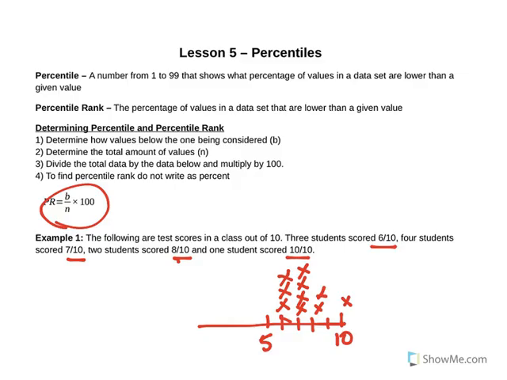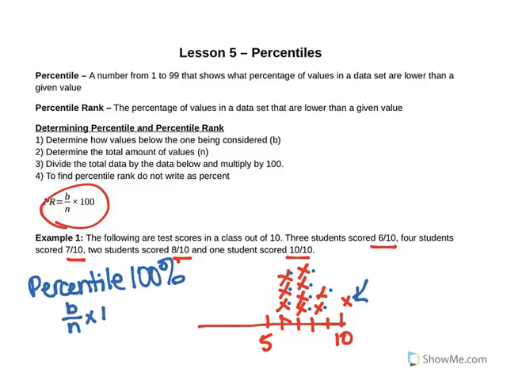If we wanted to do a percentile rank for, say, 100%, so if you got 100% on this test, you would be this person. You want to count all of the tests that were worse than you. So 1, 2, 3, 4, 5, 6, 7, 8, 9. So we would do B divided by N times 100.